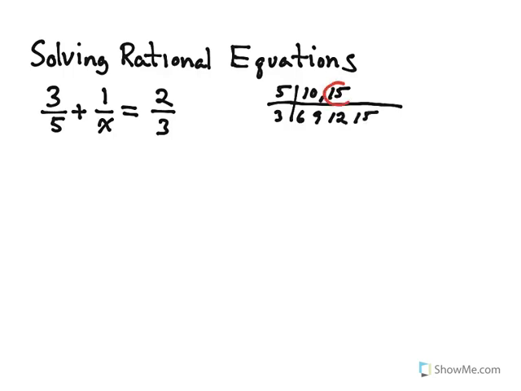Clearly see that 15 is going to be your least common multiple or least common denominator, okay? So they are the same thing, all right?